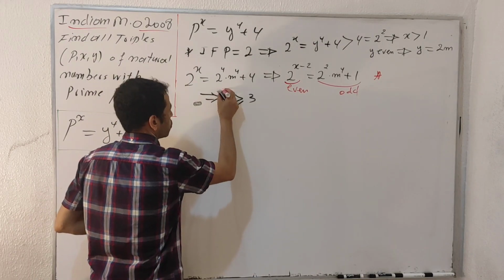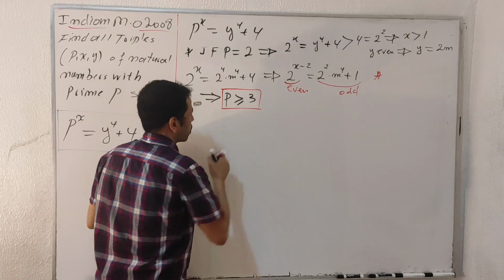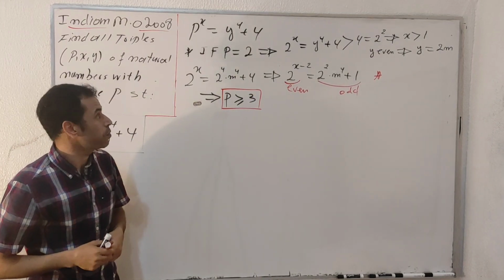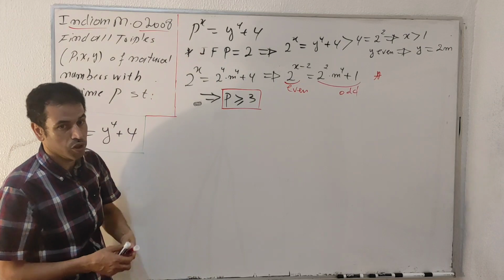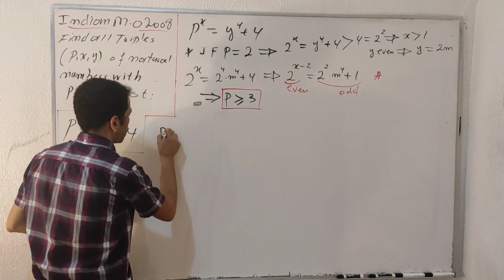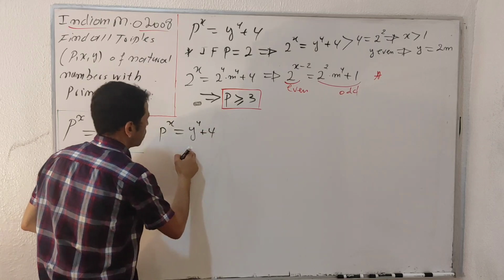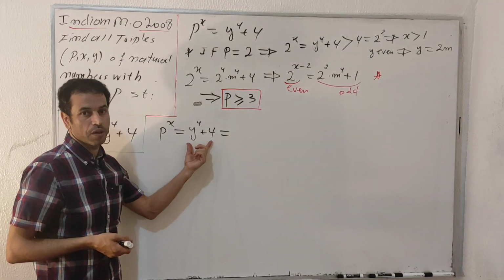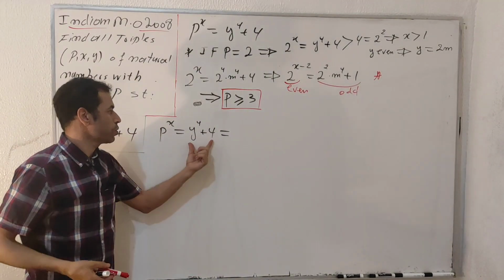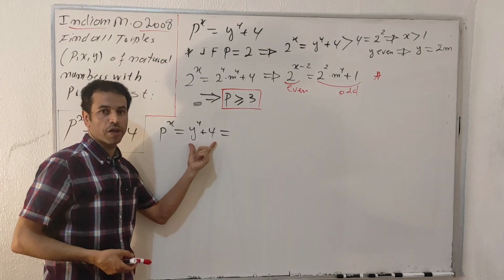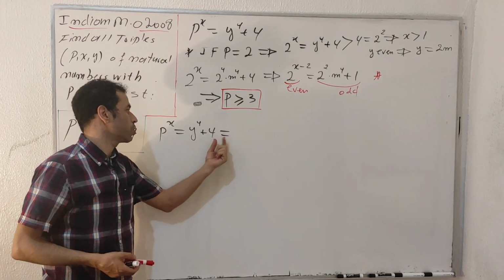Now we are going to solve our problem on this one. So when we have p as an odd prime, I'm going to start solving this equation. So we'll have p to the x equals y to the fourth plus number 4. I'm going to factor this one. If you take a look, this term is almost a perfect square here, but we are missing one term.